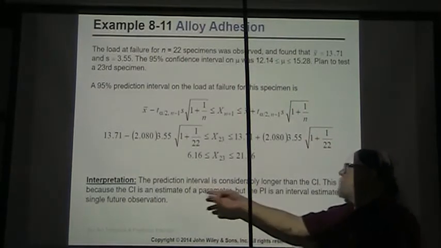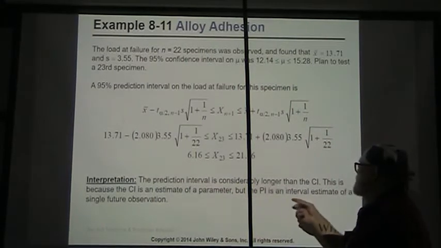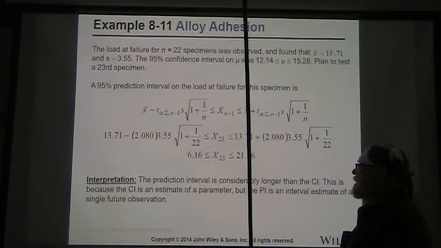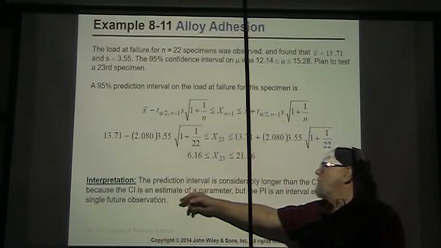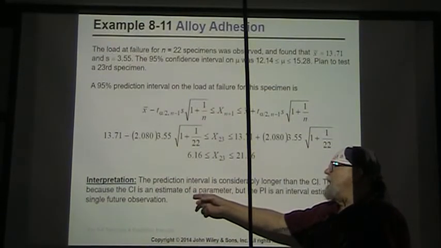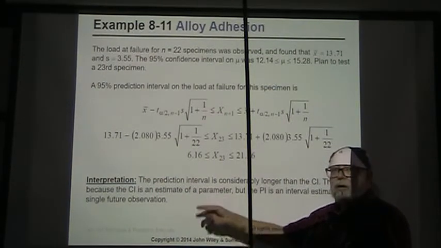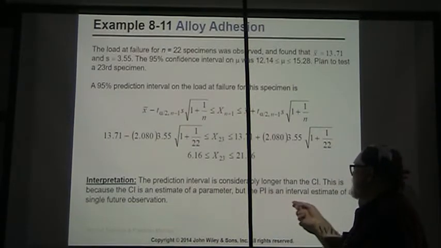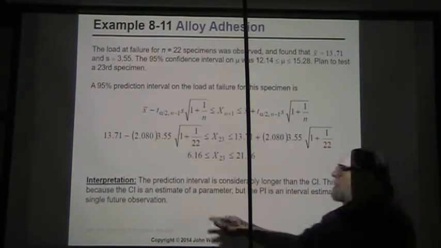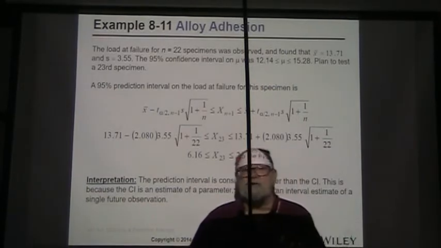Okay, so our interpretation: a prediction interval is longer than the confidence interval. The confidence interval is the estimation of the parameter mu, but our prediction interval is an estimate of a single future observation.